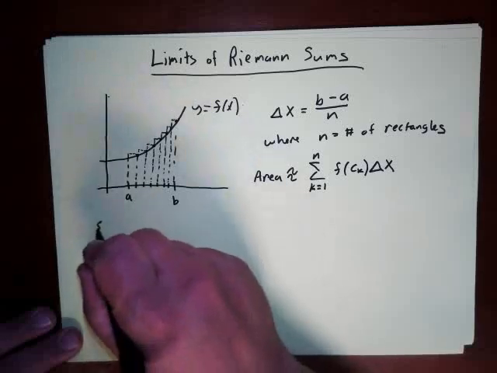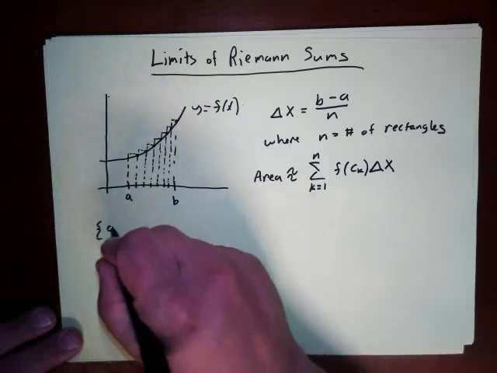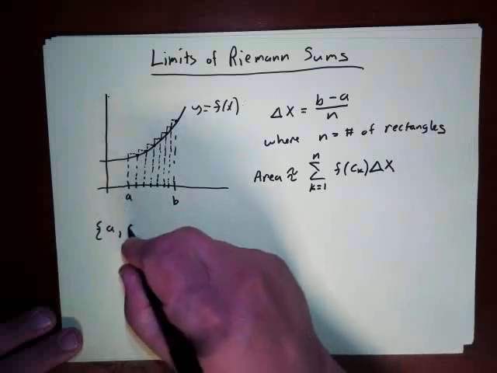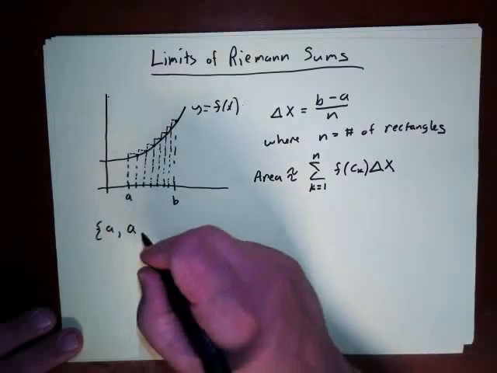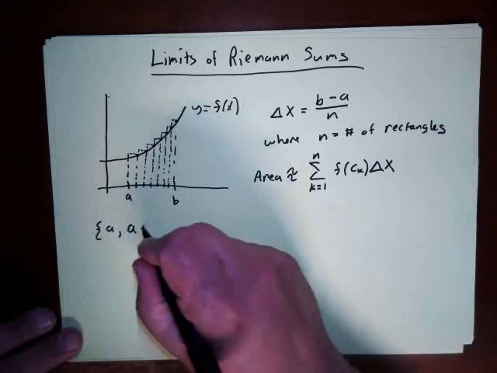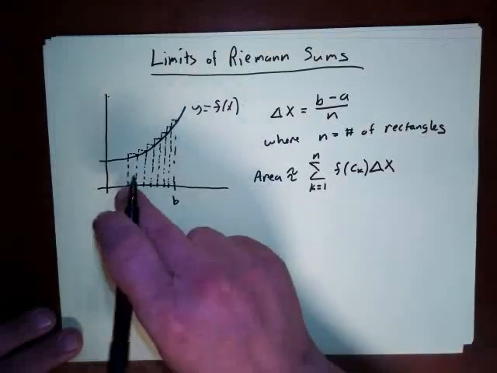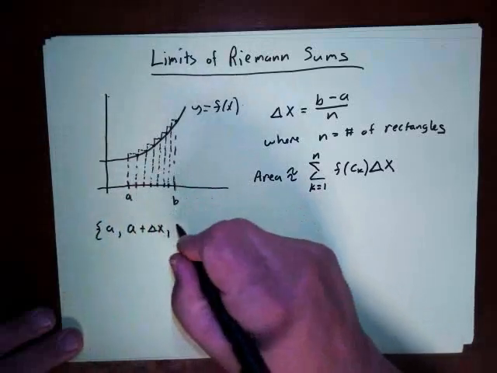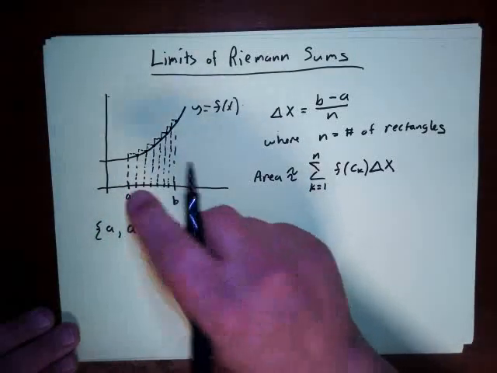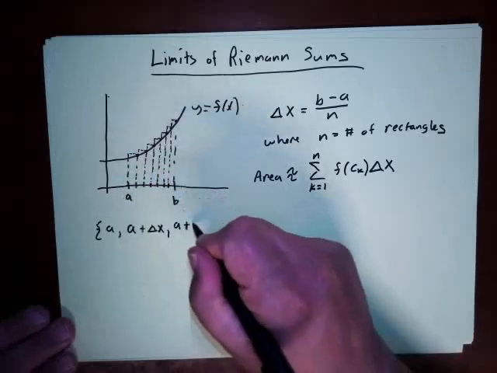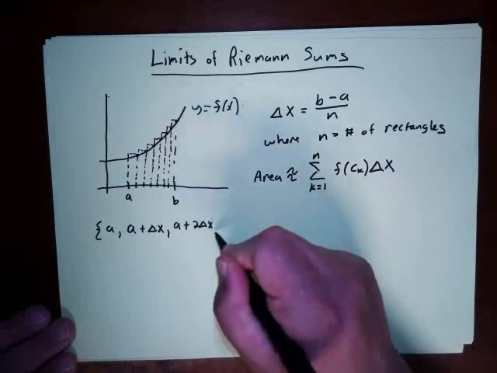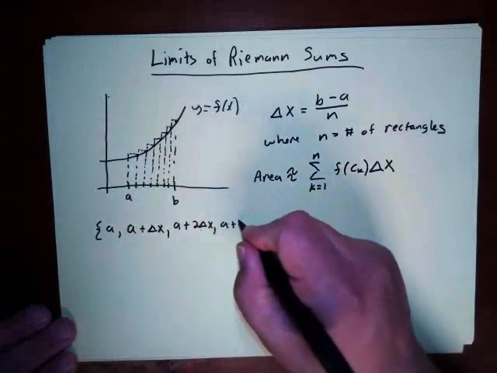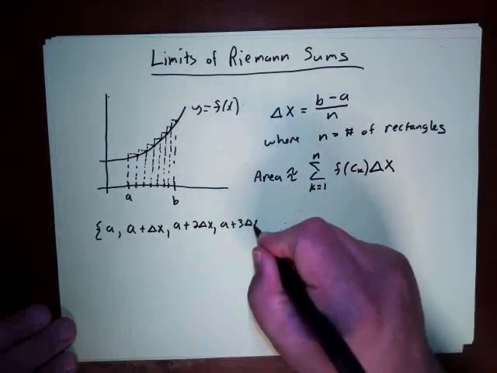We'll write them as a set. So you have the point a as the left point, and then the next one would be a plus delta x, the width of the interval, and that would give you this next endpoint here. And then for the next one, you would do a plus 2 times delta x. And for the next one, a plus 3 times delta x.